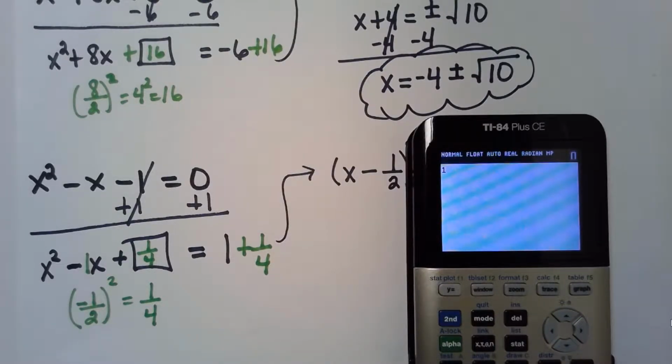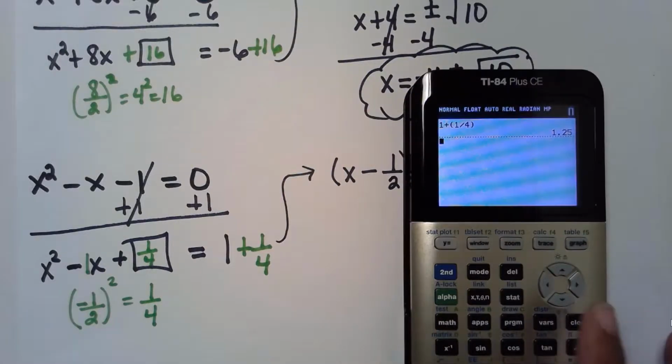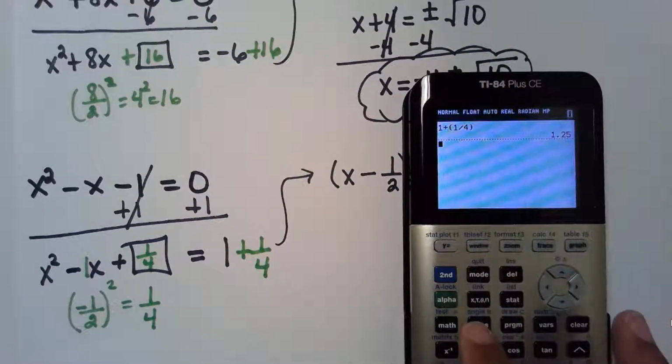So 1 plus 1 divided by 4 is 1.25. I want to make this into a fraction. We're going to leave it in fraction form.